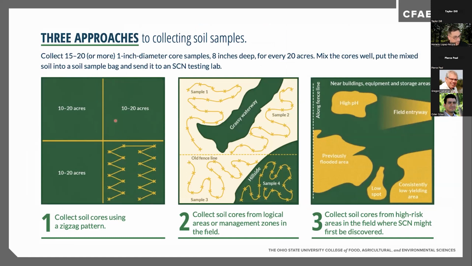Break your fields in equal parts, in a zigzag pattern, collecting multiple subcores. Divide fields in homogeneous soil conditions, or target areas where you have been yielding low, entryways, areas with high pH, which for some reason allows the nematode to reproduce faster.